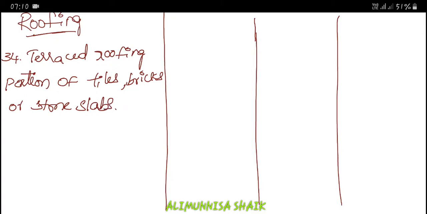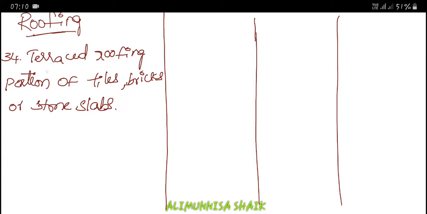So, in your roofing, generally this roofing can be done with tiles, bricks or stone slabs, but basically it will be having a cement concrete mortar also. So, they have not entered it here because that is already discussed in your cement concrete. Okay, for that reason it is not being introduced over here.